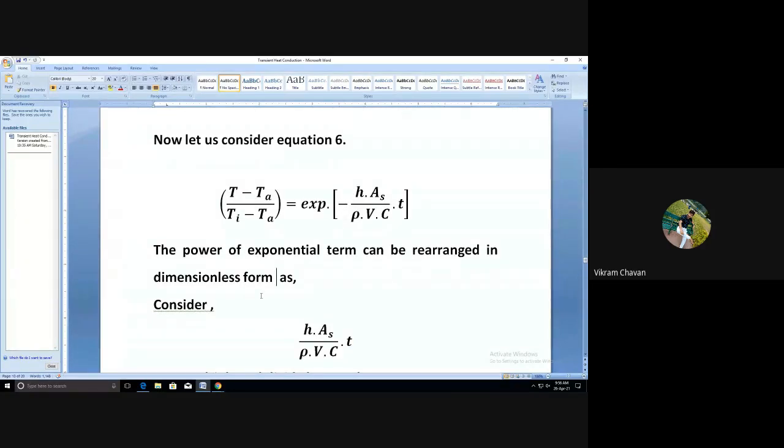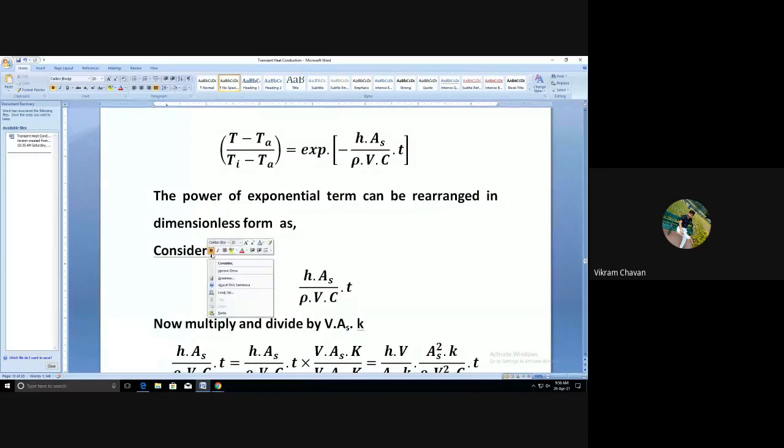Next, write down: the power of the exponential term can be rearranged in a dimensionless form as follows.